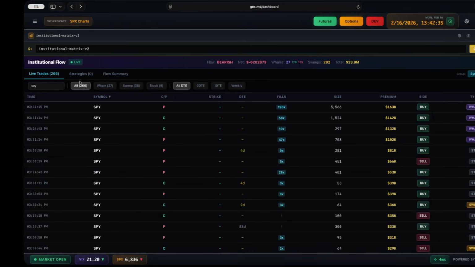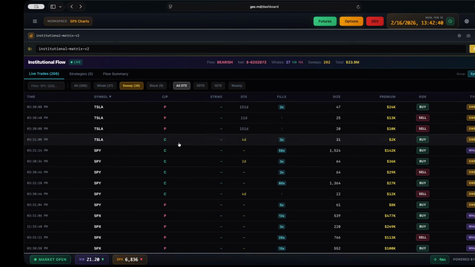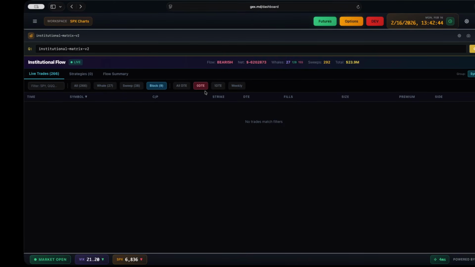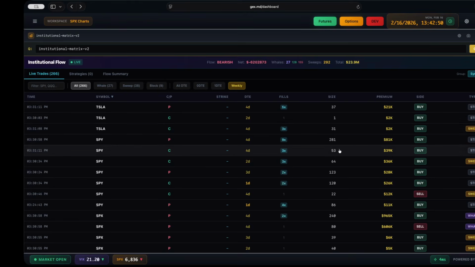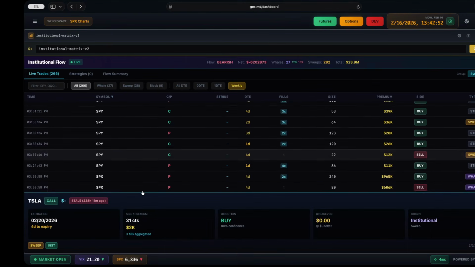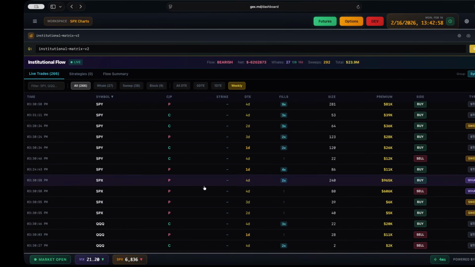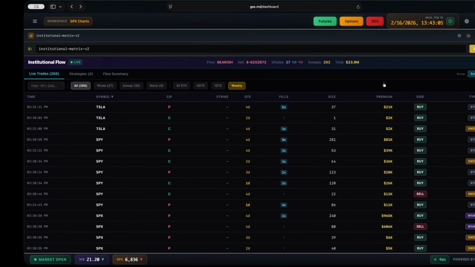Then you click here and you see all. Then you get the sweeps and the blocks. You know, 0DTE is not showing anything yet. Same thing with weekly. Then you click on one of those and see how many contracts, and you know what they're doing. No matter if it's Amazon or whatever. So that's how you use this one.